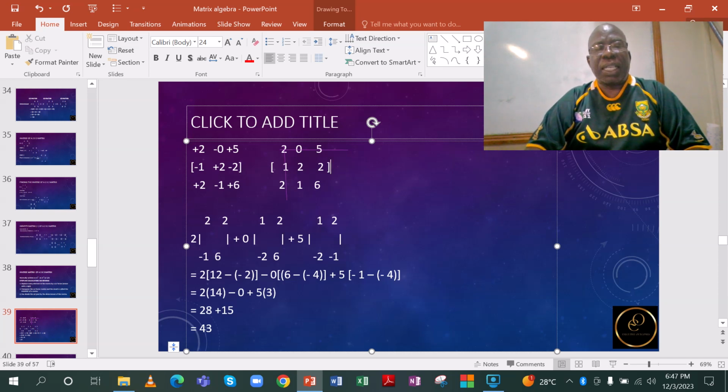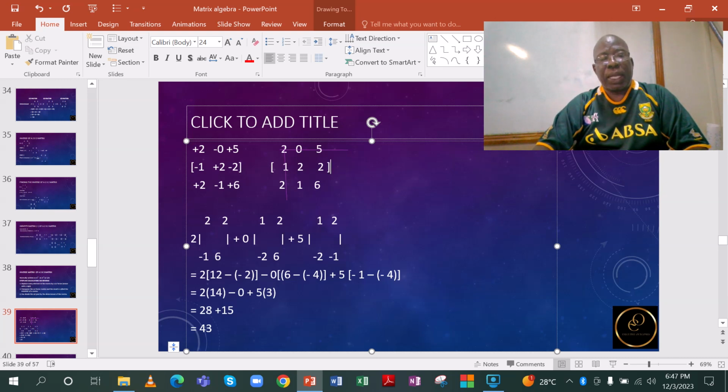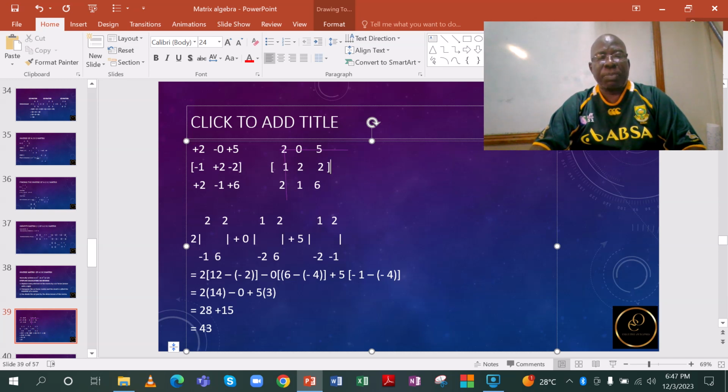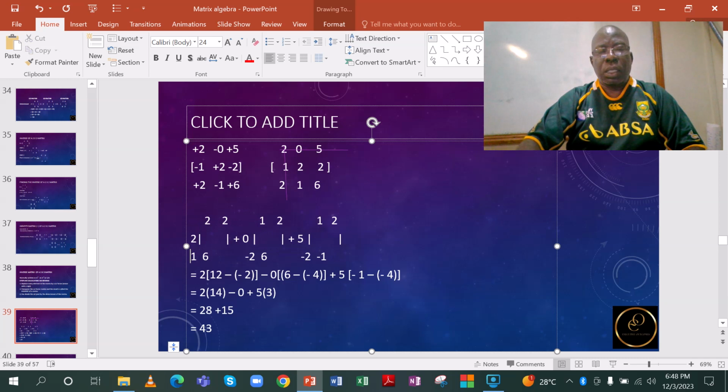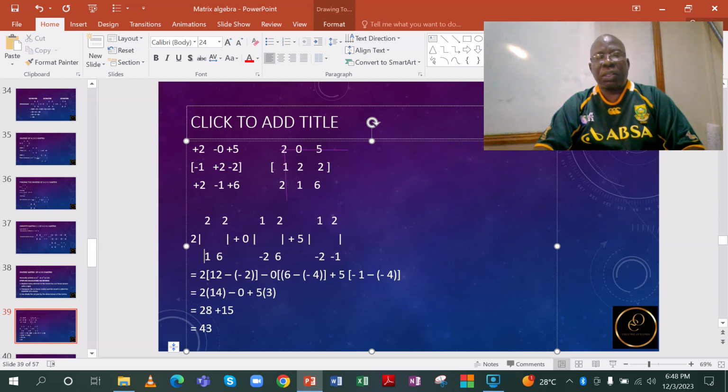So if that's the case, then what we do is identify those particular minors. In this particular case, you are going to have positive for the first one.